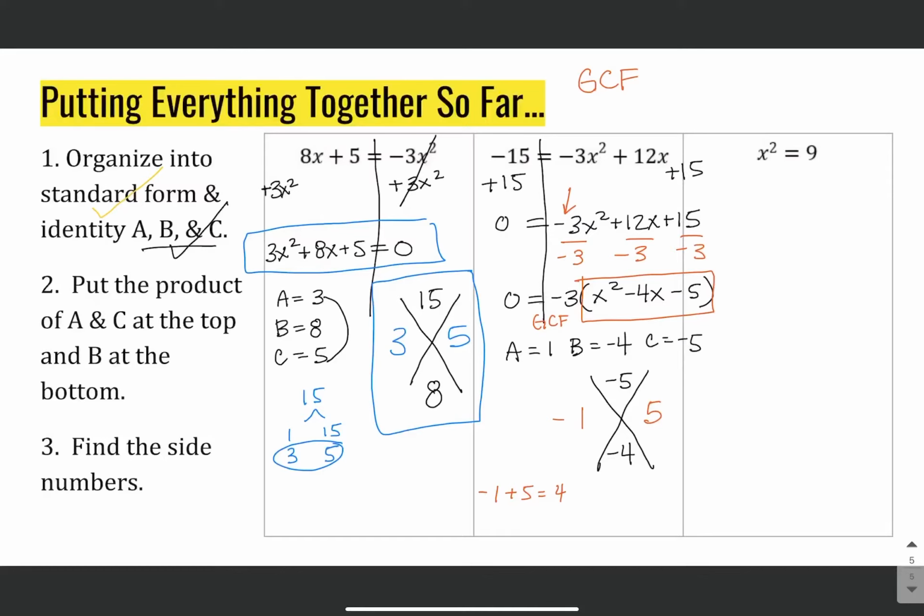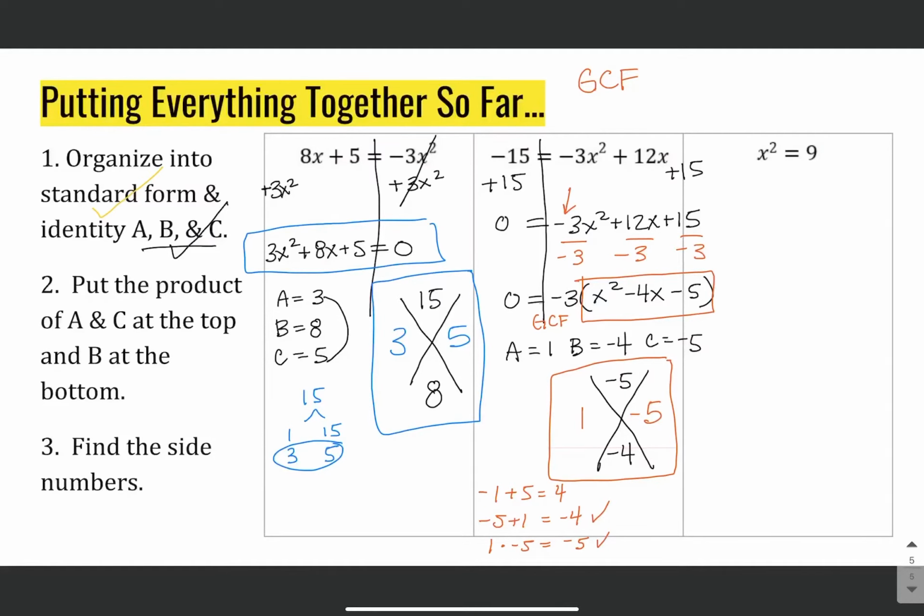That's not what I need. I need to make sure that I make the 5 a negative, because negative 5 plus 1 would equal negative 4, and that's what I need. Again, 1 times negative 5 would equal negative 5, and that's what we need. So then we are done for now.